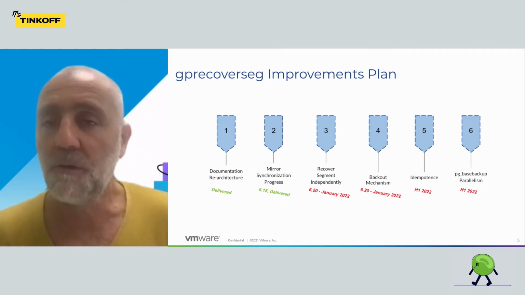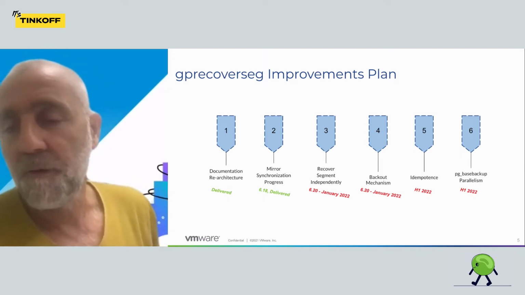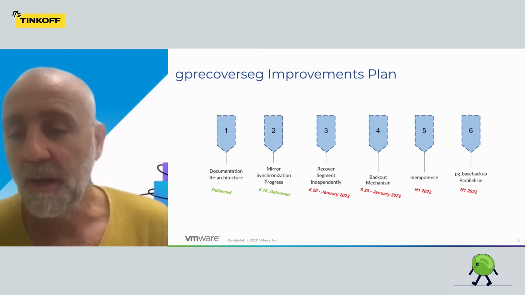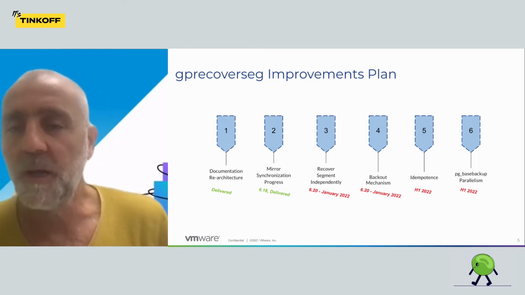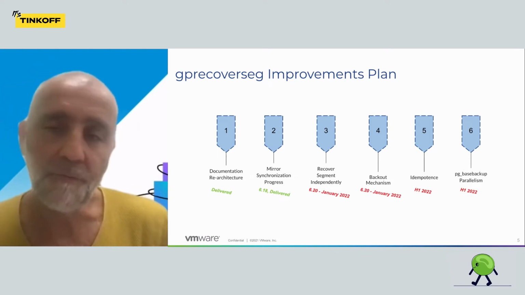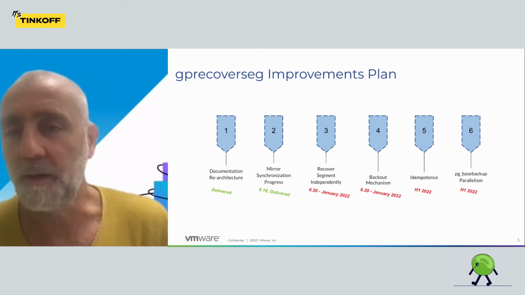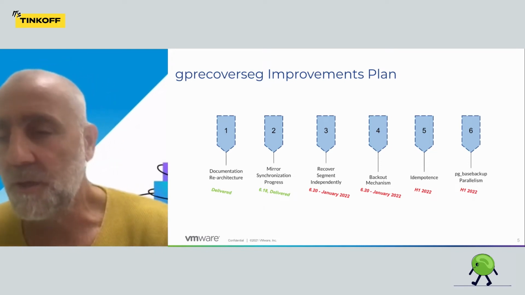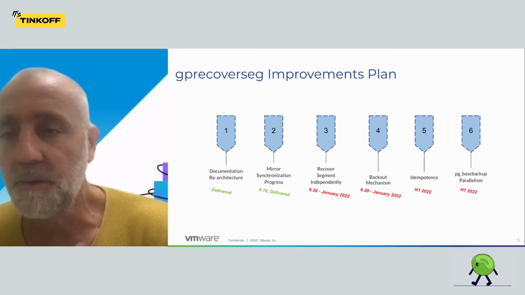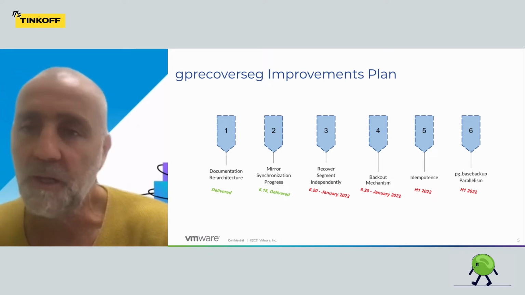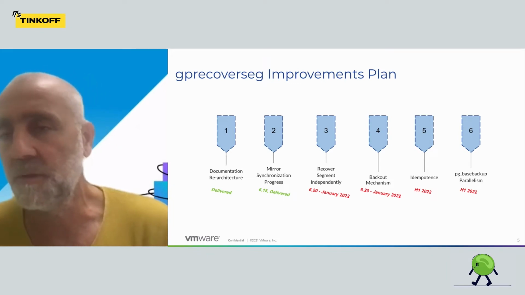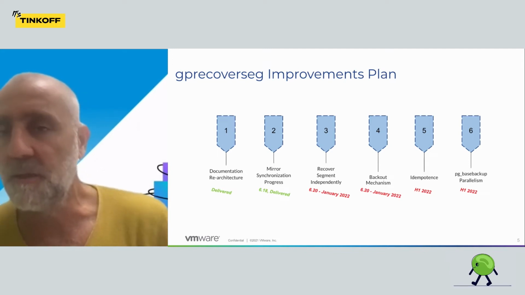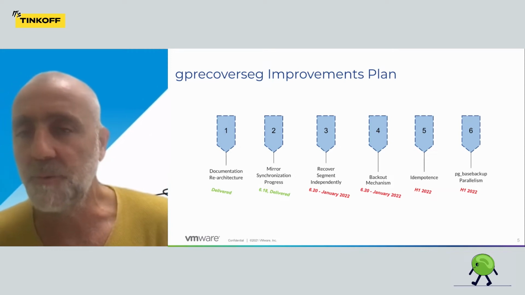Today, if you have to recover five failed segments and one of the segments fails, all five will fail, and you will have to do it again. In 6.20, as soon as a segment is marked up, this segment will be recovered, and you will not wait for the additional segments to be recovered. That's an important functionality that we are adding in release 6.20.